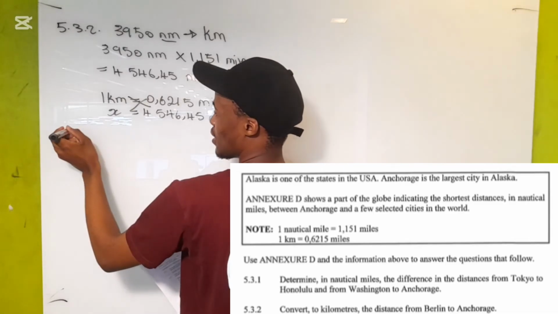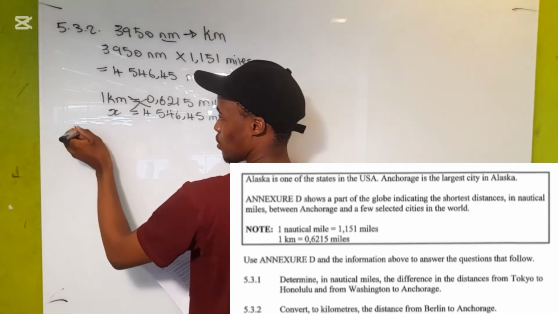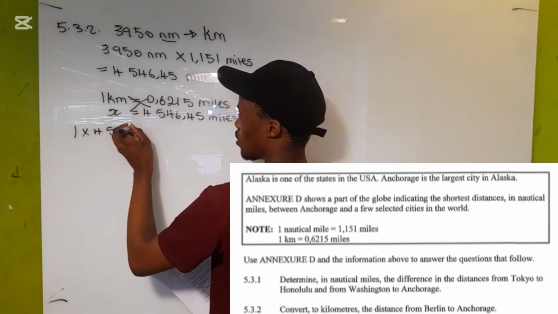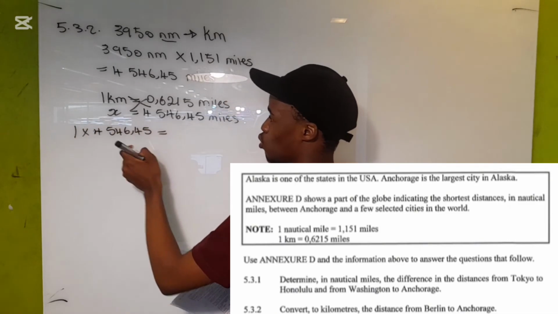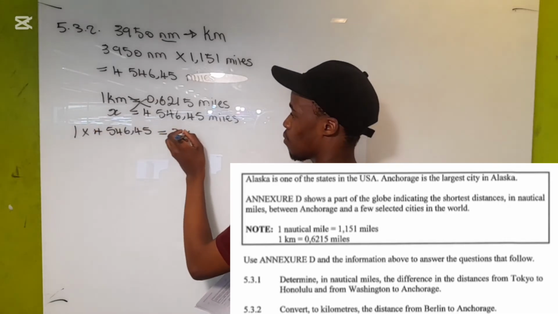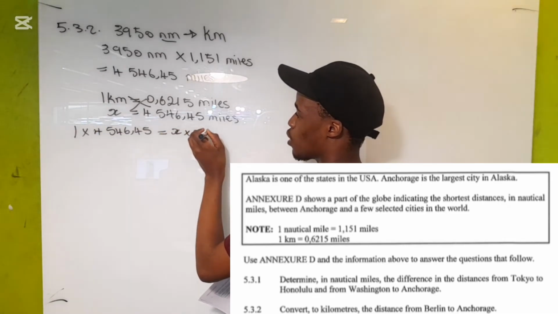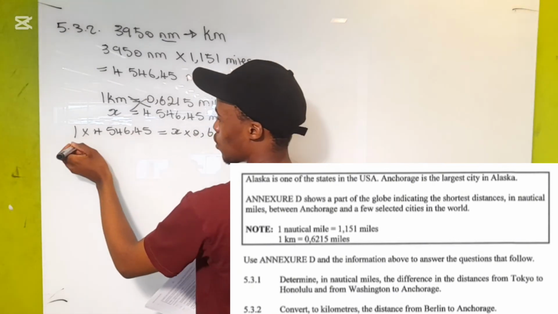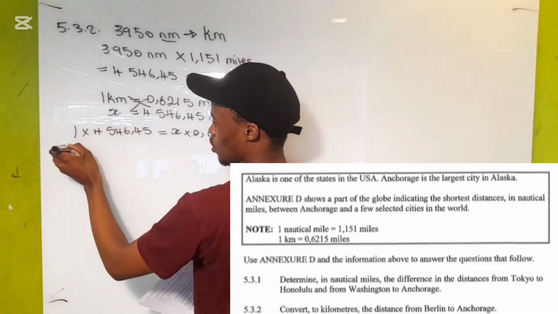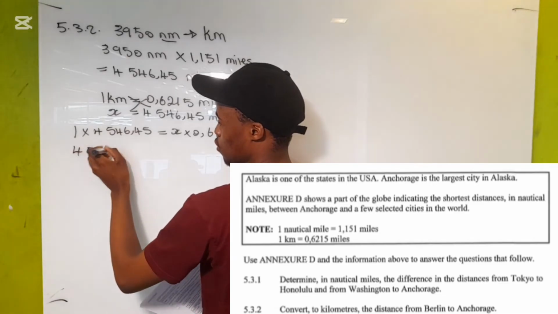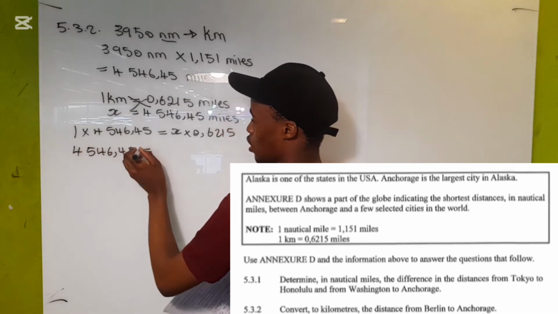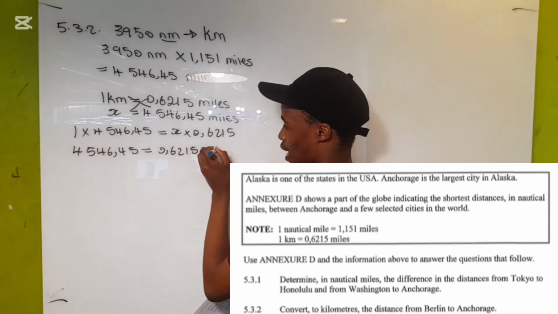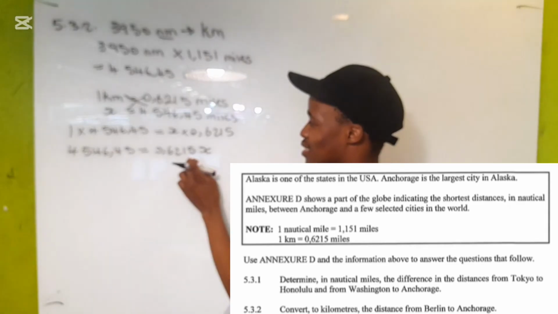So 1 kilometer multiplied by 4,546.45 equals x multiplied by 0.6215. On this side, 4,546.45 multiplied by 1 doesn't change, and it equals 0.6215x.